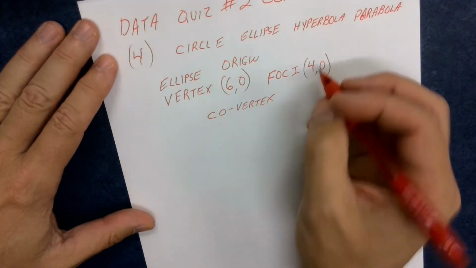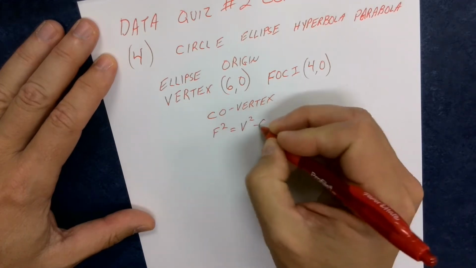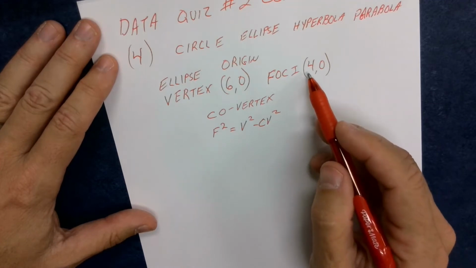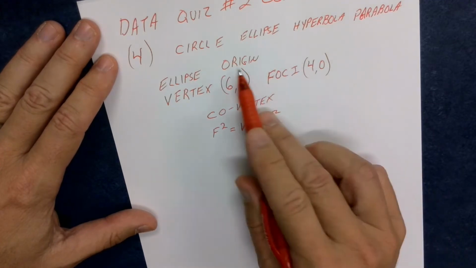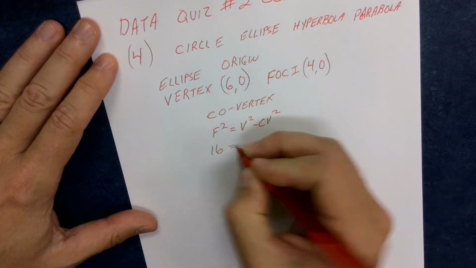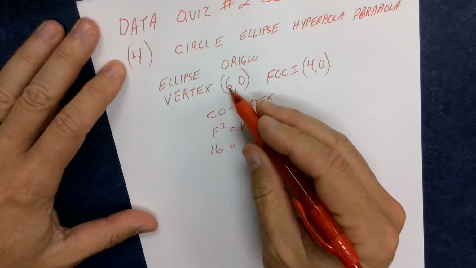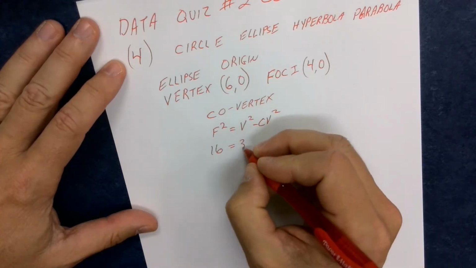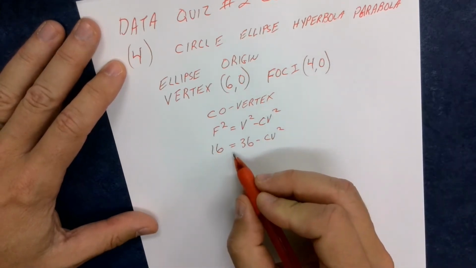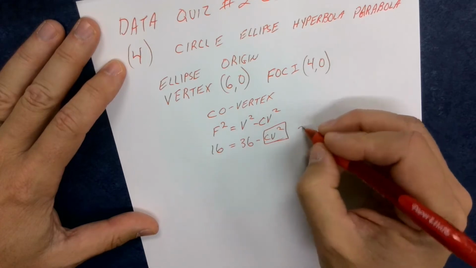You know that the foci squared is equal to the vertex squared minus the covertex squared in terms of those distances. Well, if the focal distance from the origin goes to 4, 0, then that must be 16, because 4 squared is 16. Vertex squared, that distance is 6, so 36 minus CV squared. And then 16 is equal to 36 minus what? Well, that must equal 20.